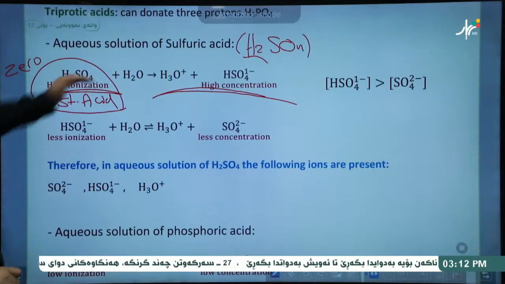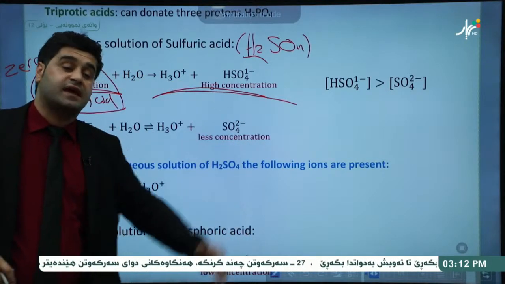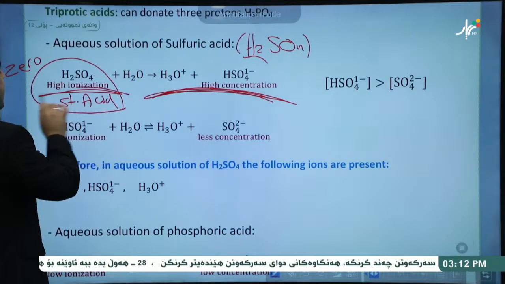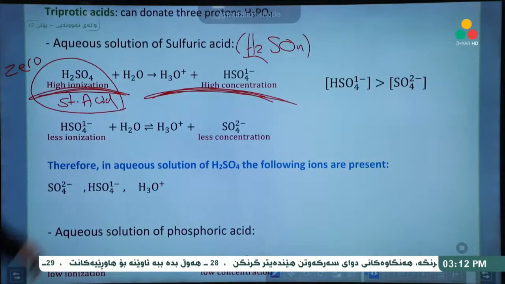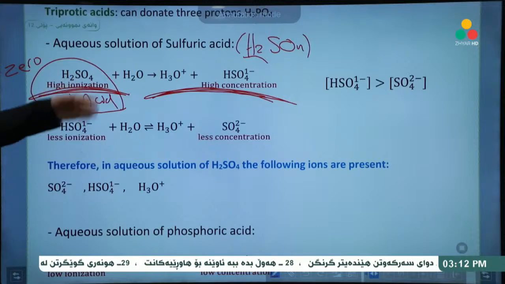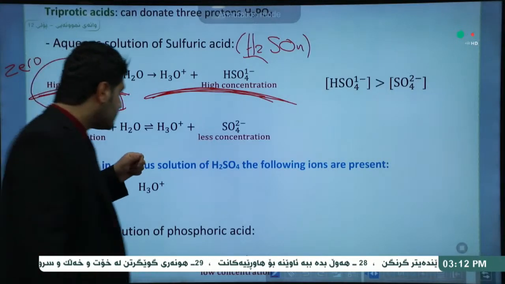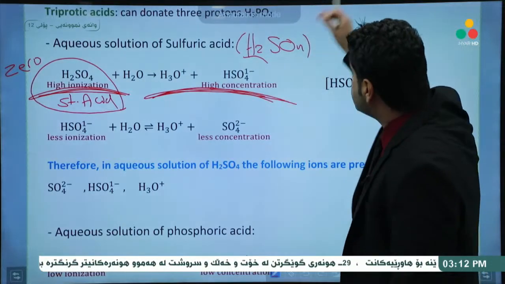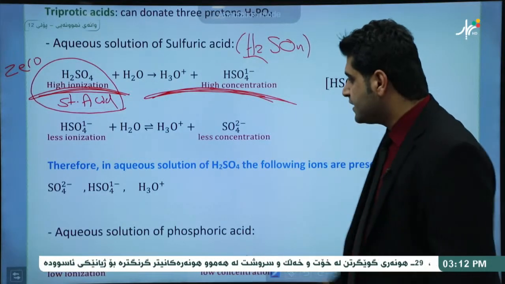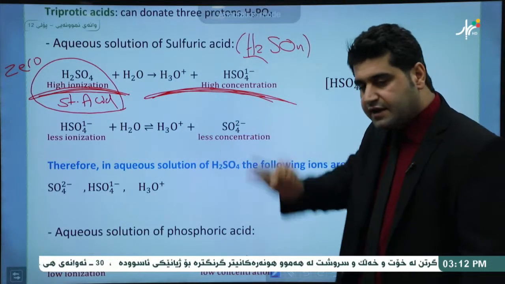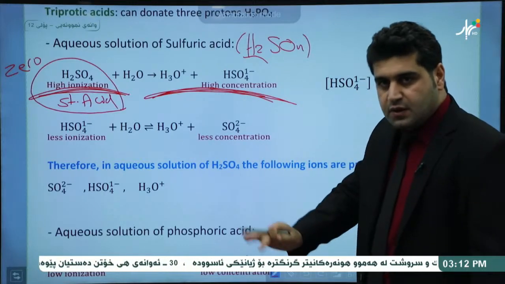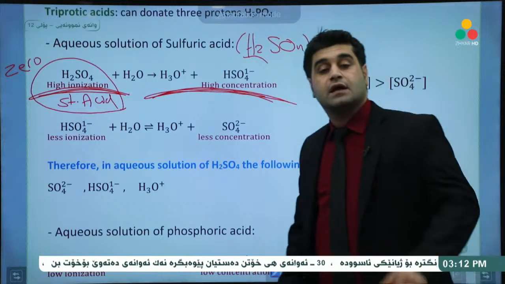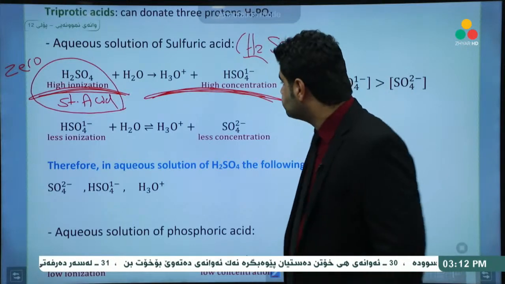It will convert to its ions by 100%. In here we have the maximum concentration because we have high ionization. The product of the high ionization step always has the maximum concentration.